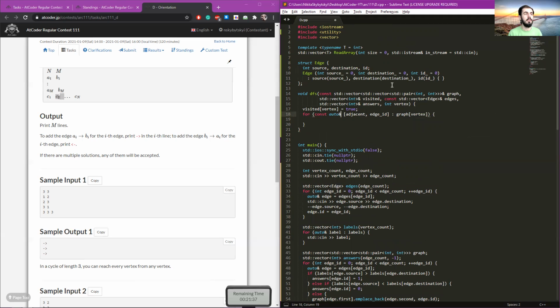We loop through all outgoing edges, and we now, if not visited, actually no. Like we would like to orient this anyway, right?